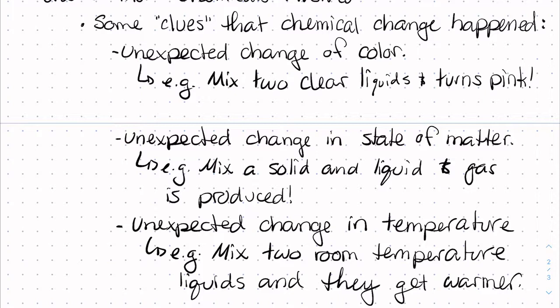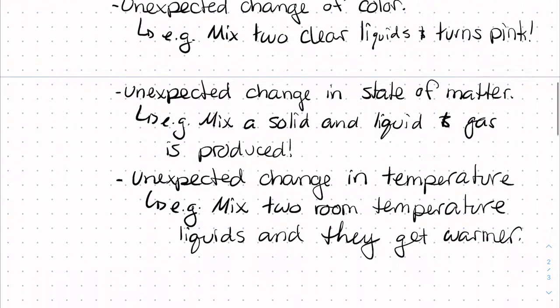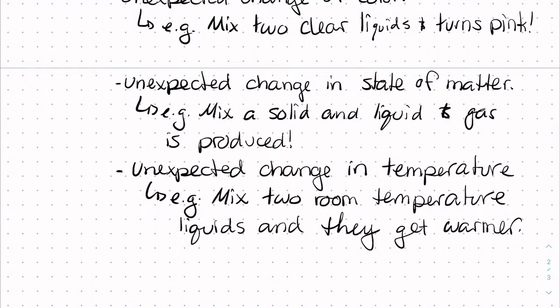Or colder, it can go either way, but there's no reason that would happen. Obviously, if you added a hot substance to a cold substance, you would expect the cold thing to get warmer. But if you mix two things at the same temperature and all of a sudden it starts getting hotter, that's because energy is actually being released by that chemical reaction that is causing that substance to heat up. And that is a surefire sign that a chemical change has occurred.